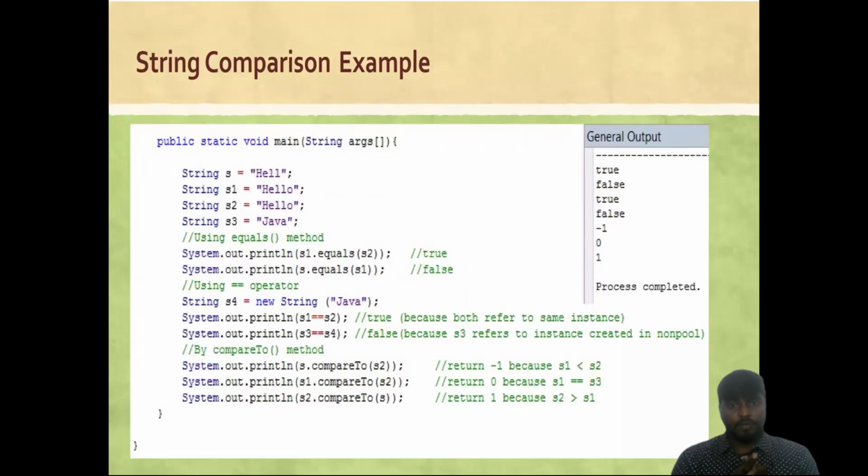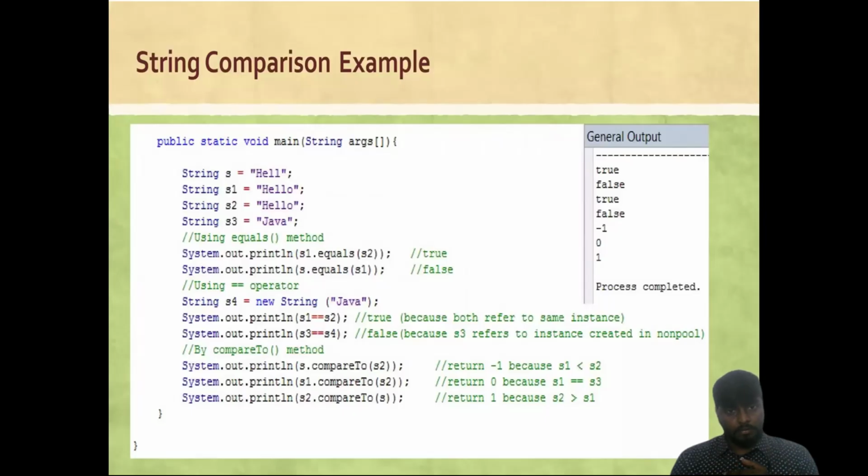As I mentioned, there are three different ways to compare strings. One method is the equals method. Here S1 dot equals S2. Is this true? S1 and S2? No, hello, so it is false. But here it is true because it will compare all the characters in the first string, whether they are present in the second string or not. All of HELL is present in hello also, so it returns true.